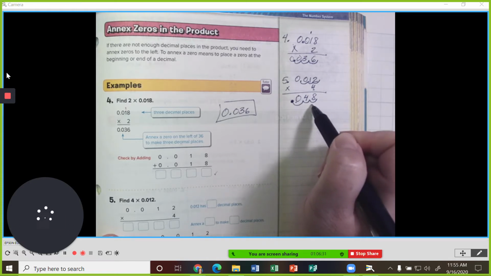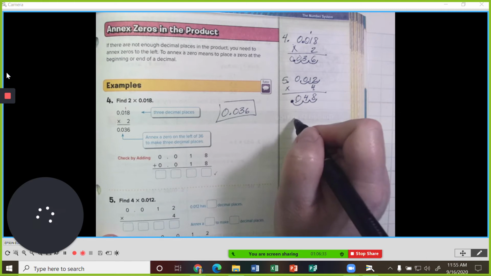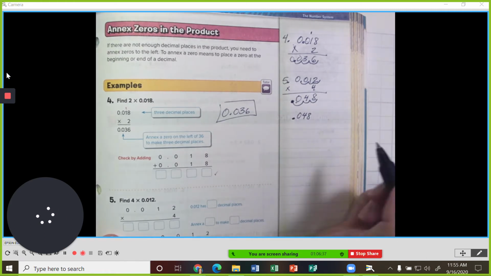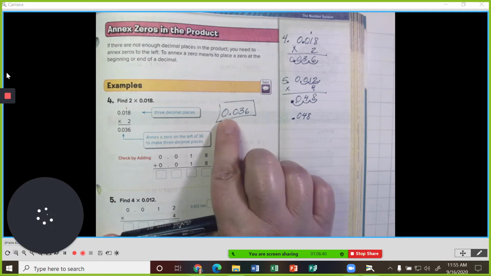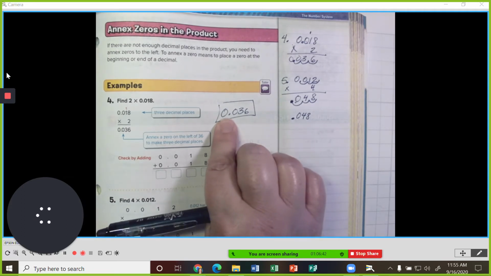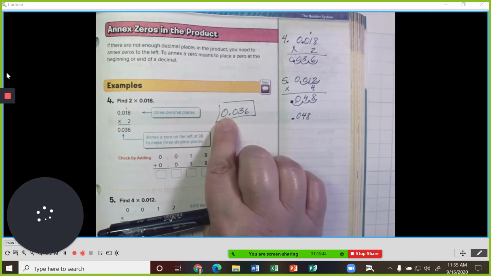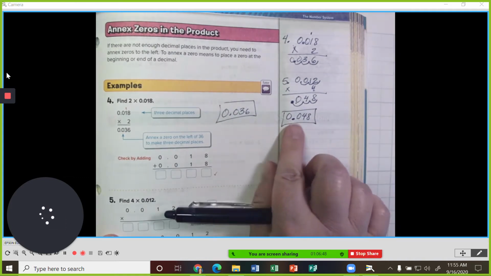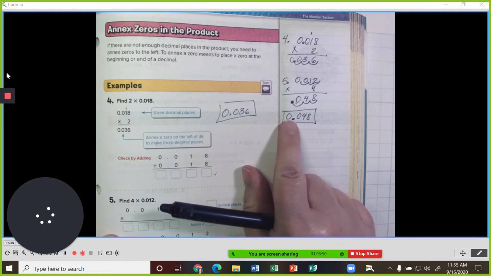In math, we always want to have the 0 before the decimal, so that it's obvious that it's a decimal. It really stands out, because sometimes depending on how big you write your decimal, it may be overlooked. So we always do 0.048.